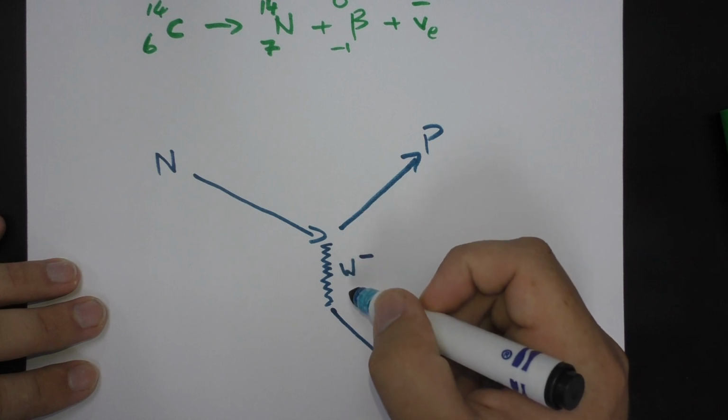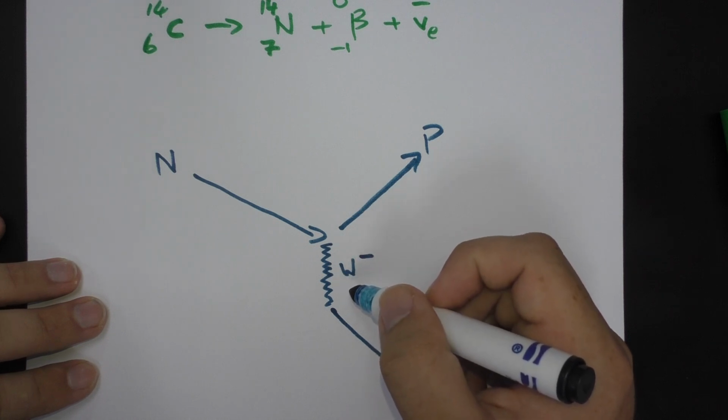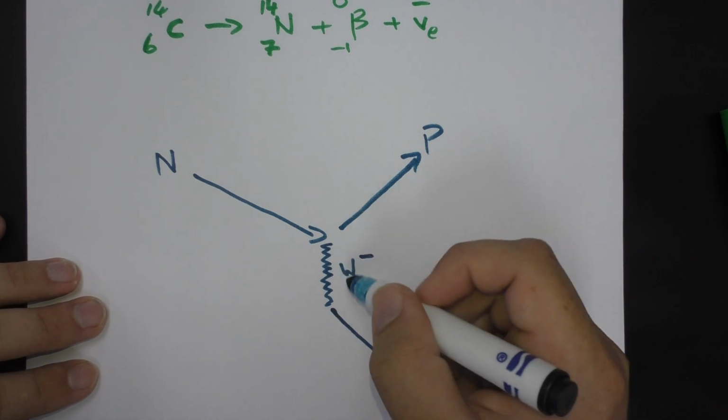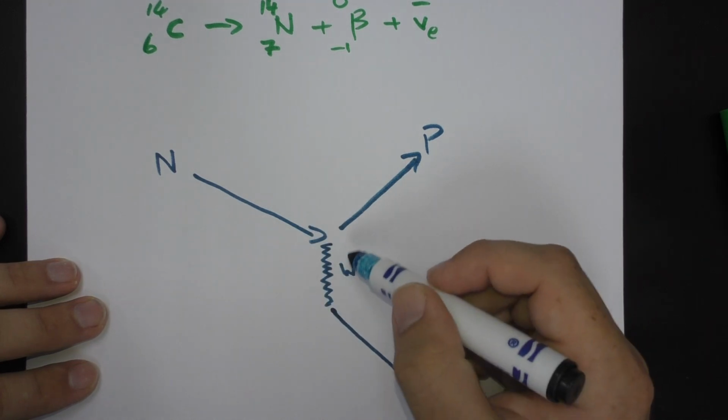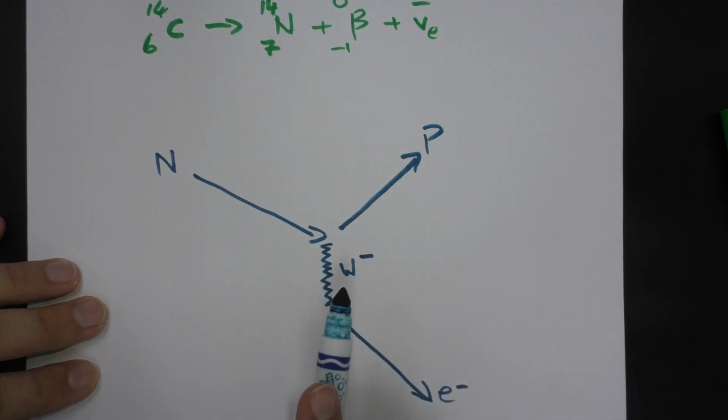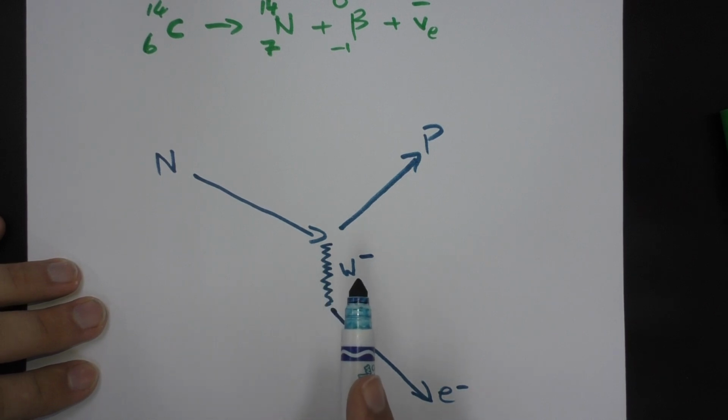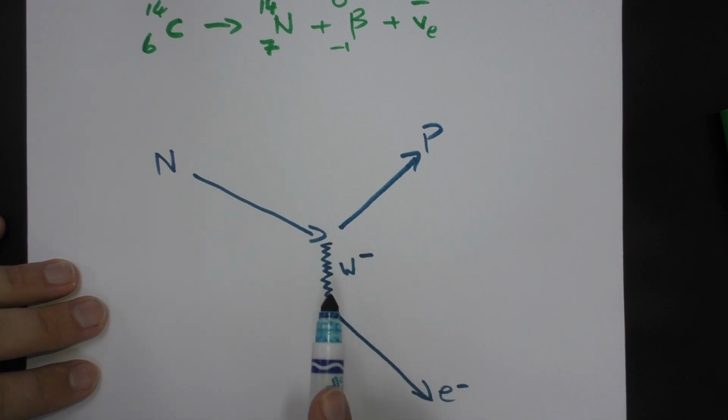Please note W is for weak nuclear force, so you just need to bear in mind that that's why it's called that. So we're getting that negative charge being taken away via this exchange particle. Remember, it's a virtual particle. We mentioned that term before, so you can't observe this happening. But this exchange happens and the electron comes off.